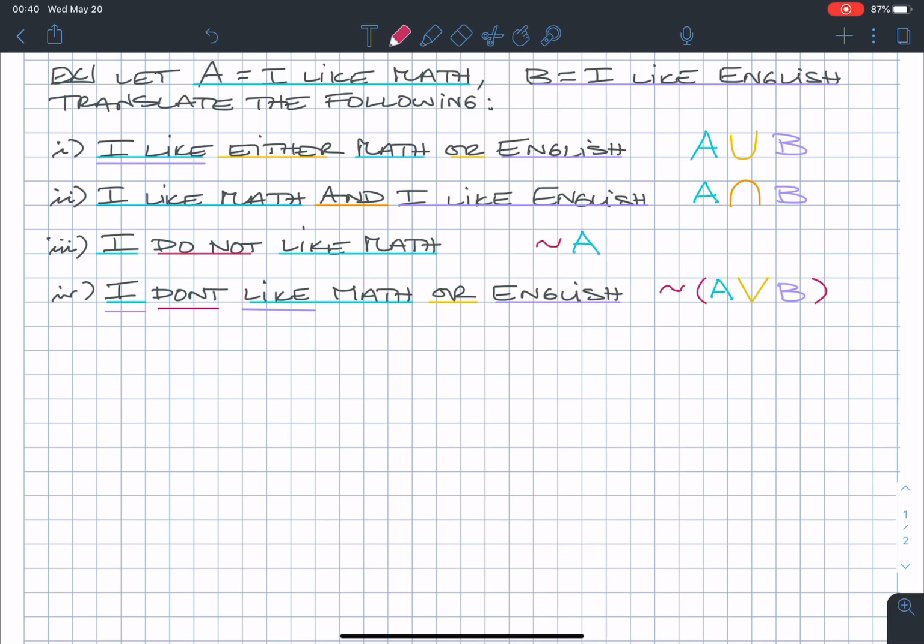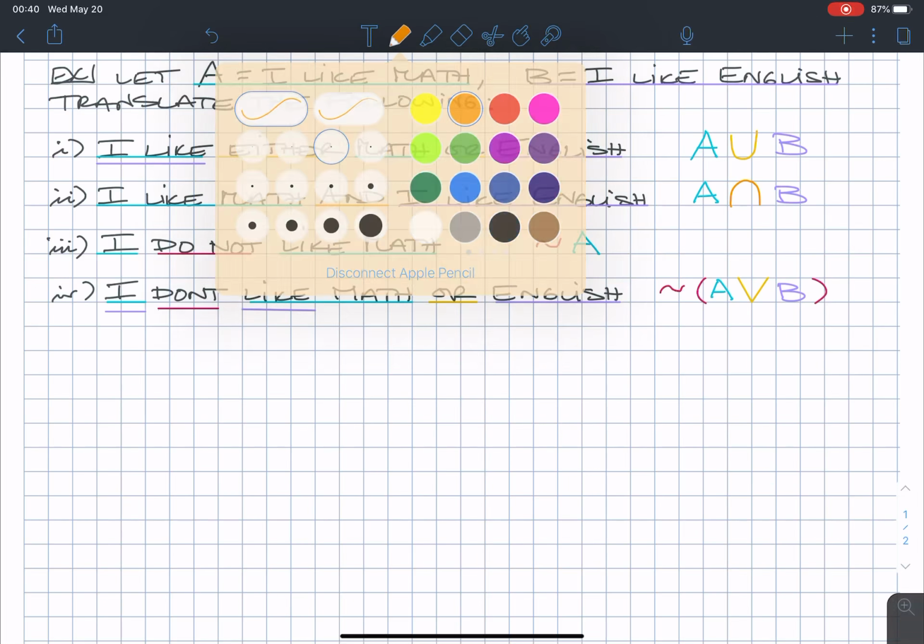So now let's actually get to what this section is all about, and that's truth tables. So let's consider the following.